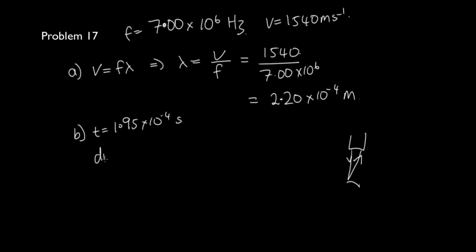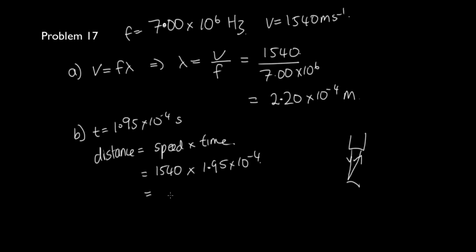So we know that distance is equal to speed times time. So we've got the speed is 1,540 meters per second. The time is 1.95 times 10 to the minus 4. So this gives us a distance of 0.3003 meters.